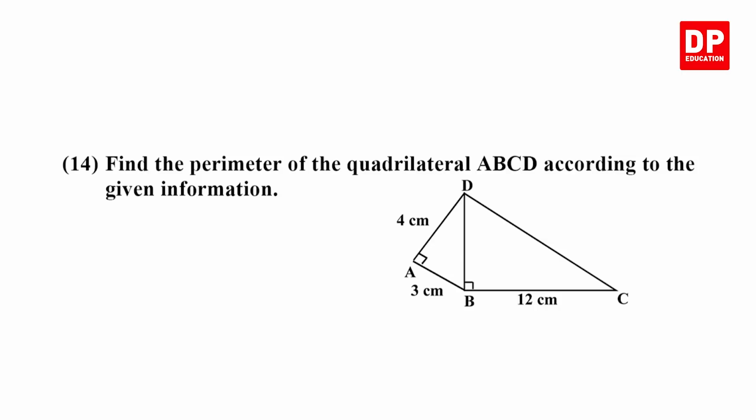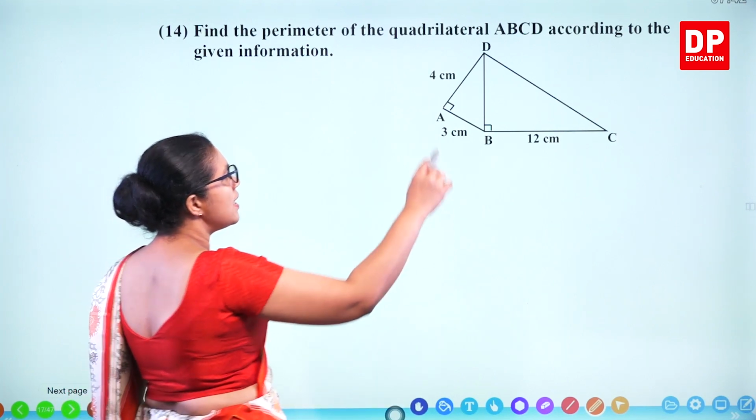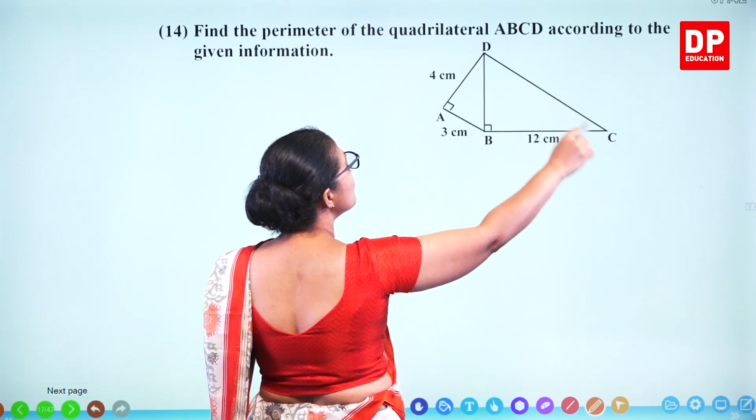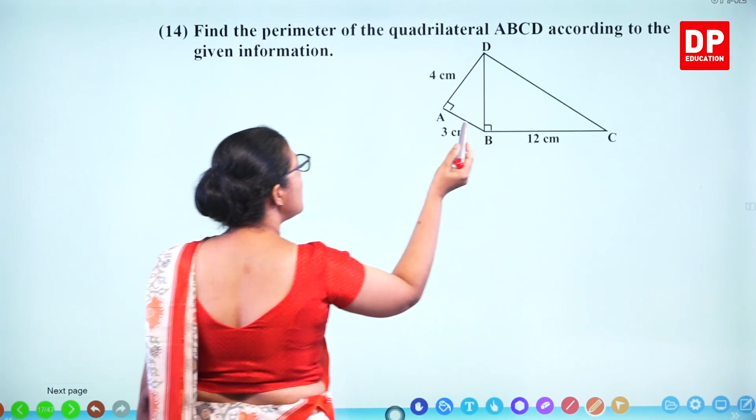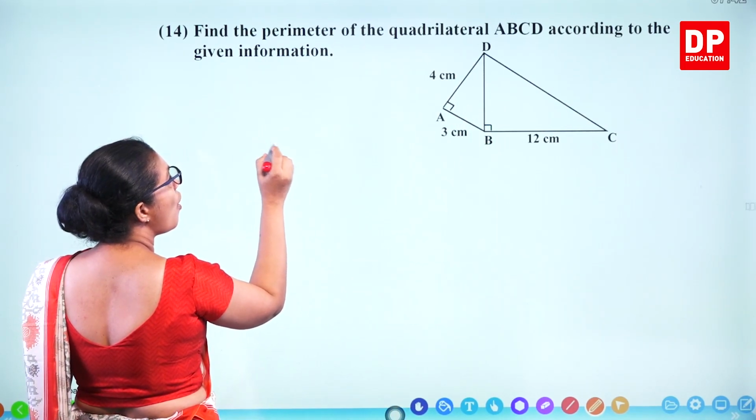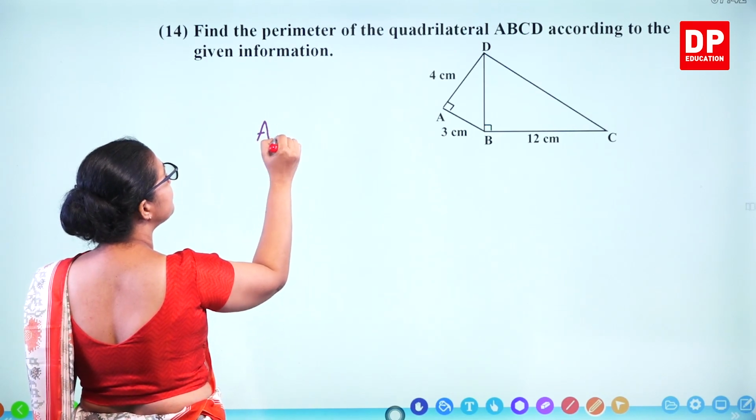Find the perimeter of the quadrilateral ABCD according to the given information. So you need to find out CD length. To find out CD length, you need this one first. First we'll use Pythagoras for triangle ABD.